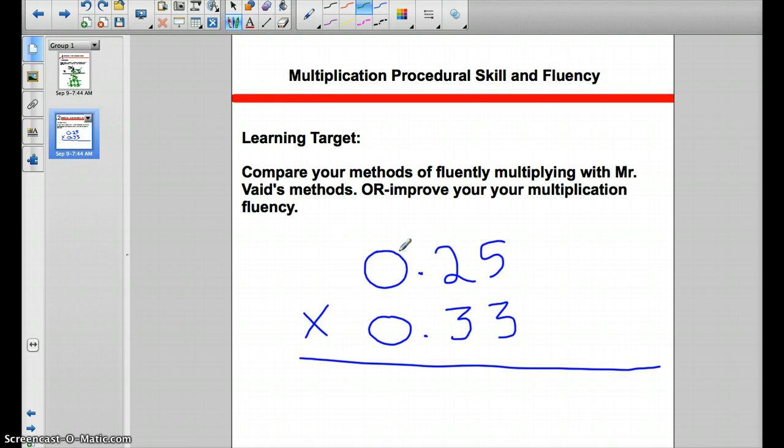This one is 25 hundredths times 33 hundredths. Take a look at the problem first and ask yourself the place value of these numbers. This value is 25 hundredths, and this is 33 hundredths.